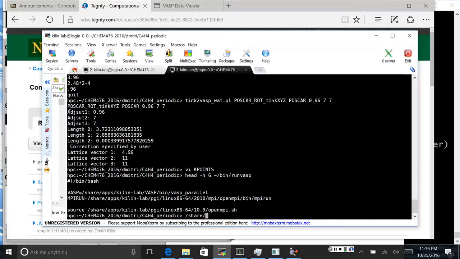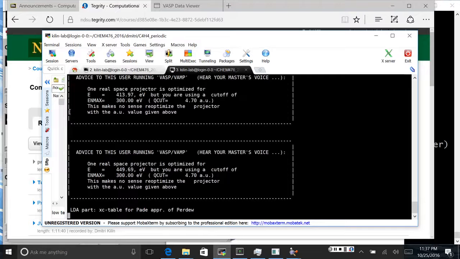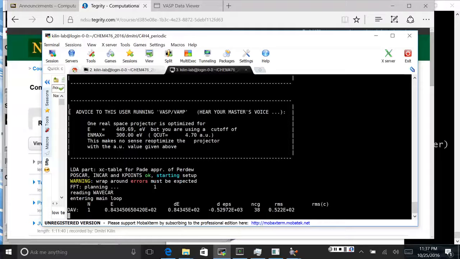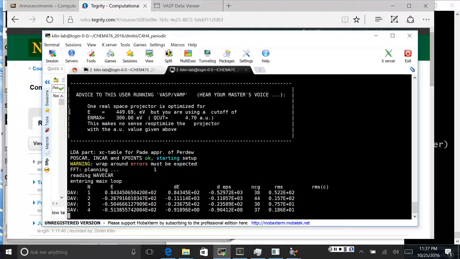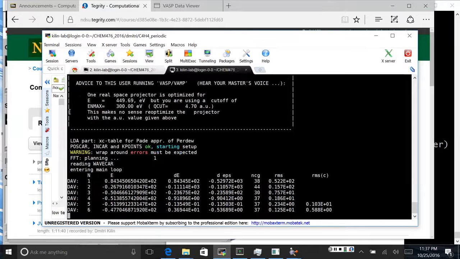Now, I'm going to run VASP with our 4 initial files: POSCAR, POTCAR, KPOINTS, INCAR. So you see there is a progression of numbers.